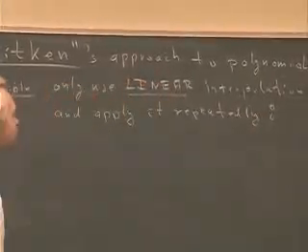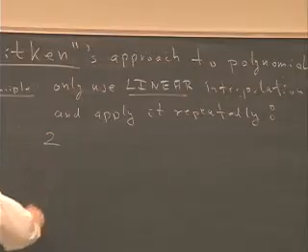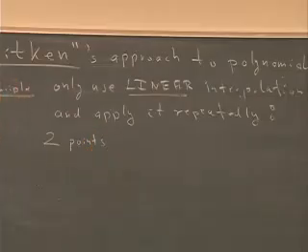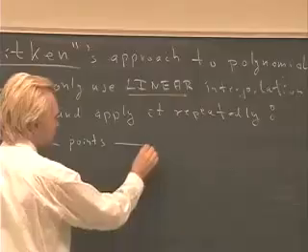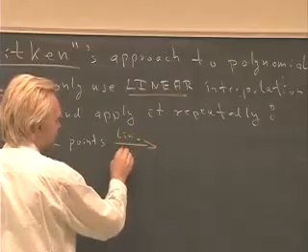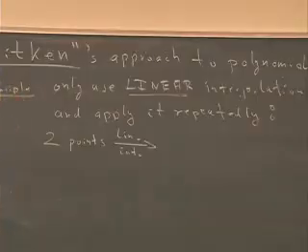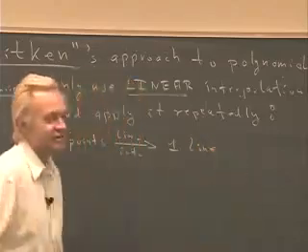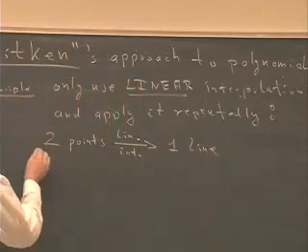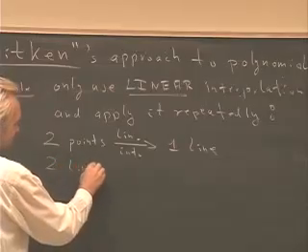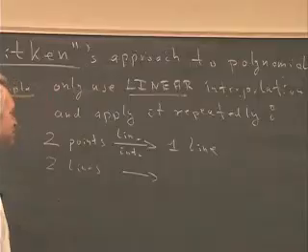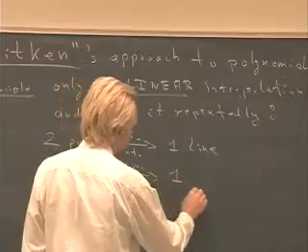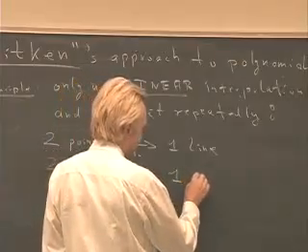Meaning what? I take 2 points, I interpolate them linearly, and I call it linear interpolation. You get a line. You get 1 line. Okay. Now I take 2 lines. Next step, you take 2 lines, and you interpolate 2 lines, linear interpolation, and you get 1 parabola, or a quadratic function, but it's parabola.